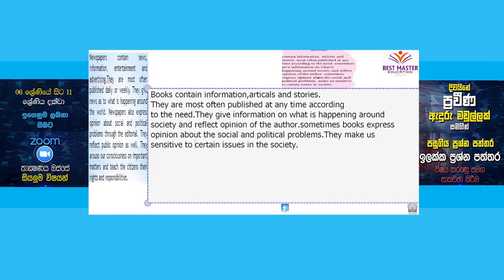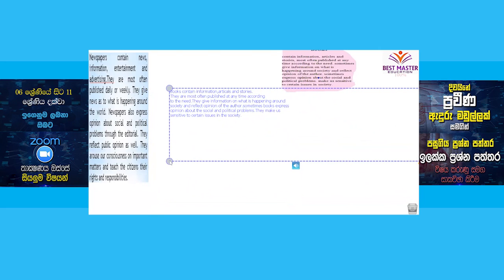Now listen. Books contain information, articles and stories. They are most often published at any time according to the need. They give information on what is happening around society and reflect opinion of the author. Sometimes books express opinion about the social and political problems. They make us sensitive to certain issues in the society. It's okay.